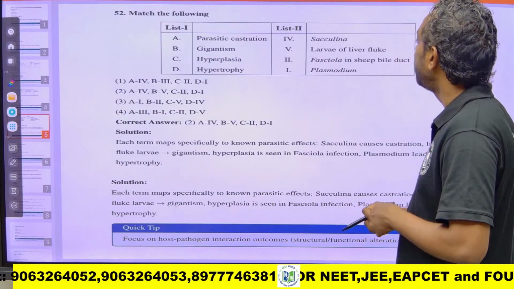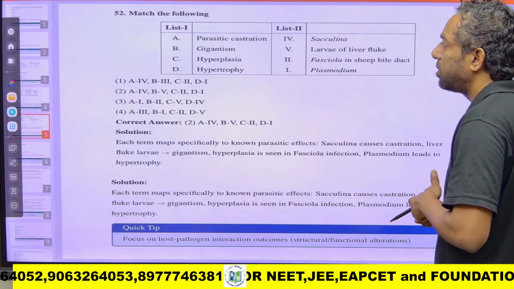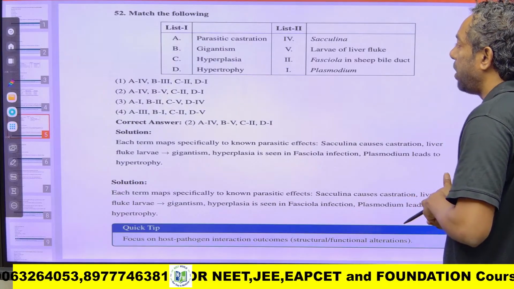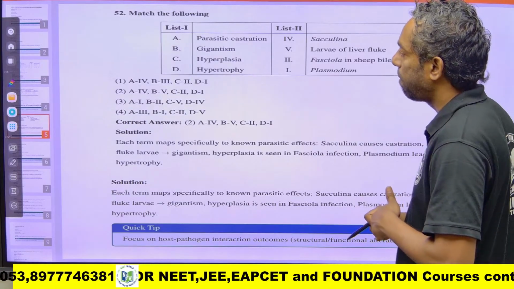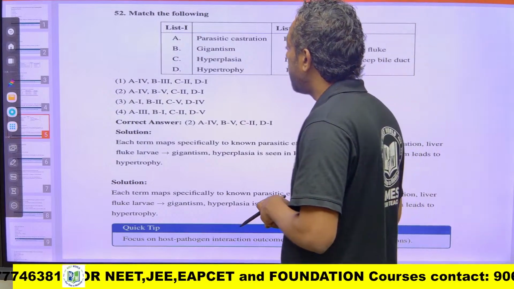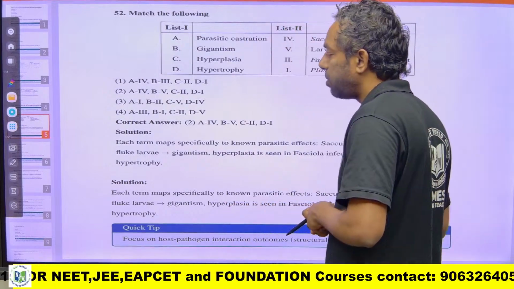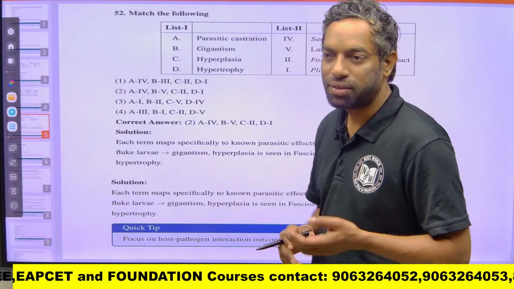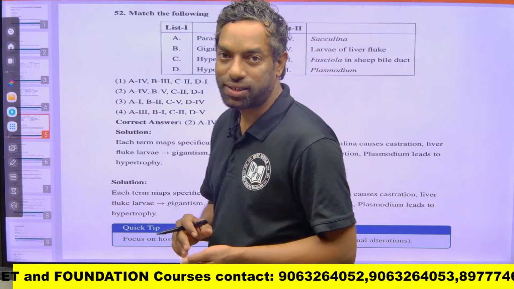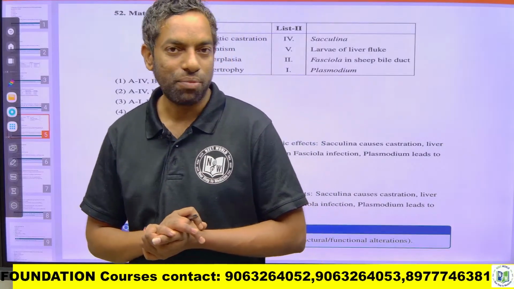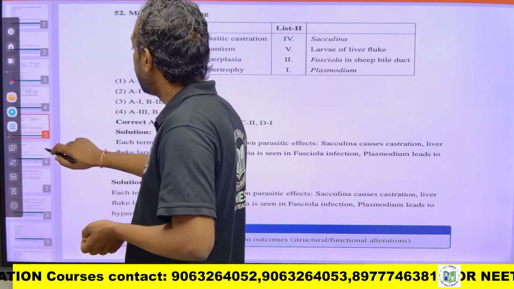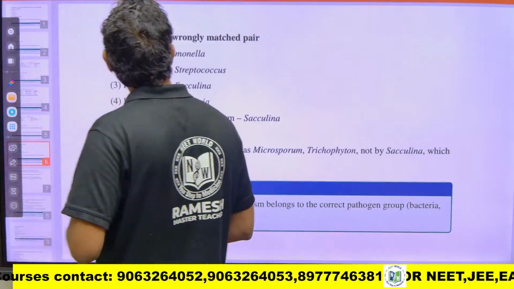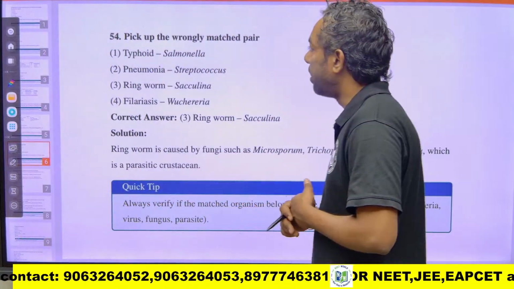Hyperplasia is Fasciola in sheep. Hypertrophy is Plasmodium. Direct question from human health and disease. You have to carry forward where there is a helminth disease, a bacterial disease, a viral disease, a fungal disease. Most important.